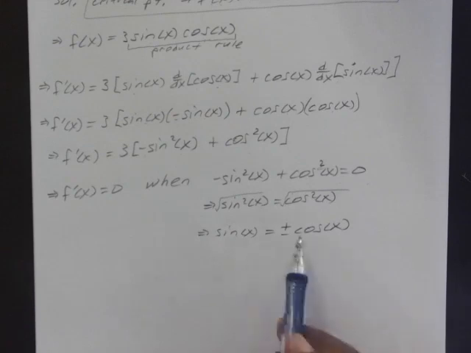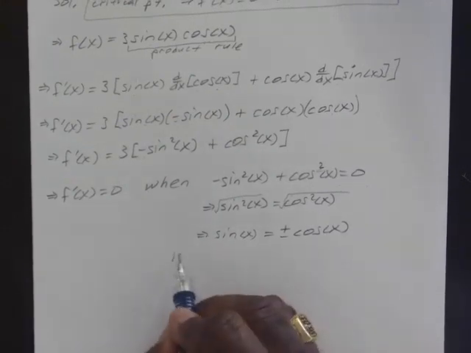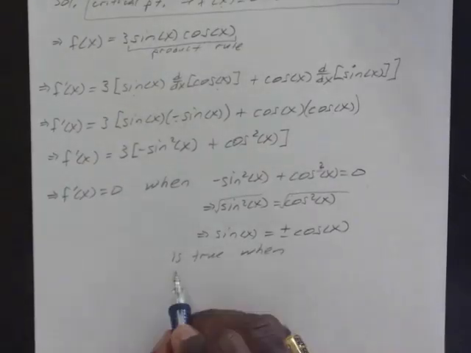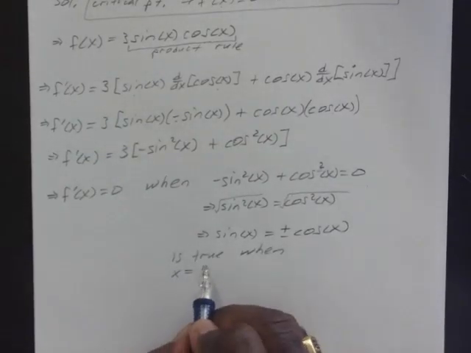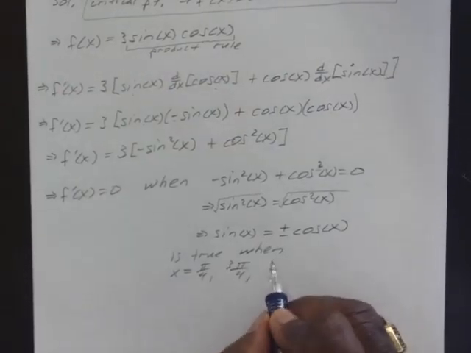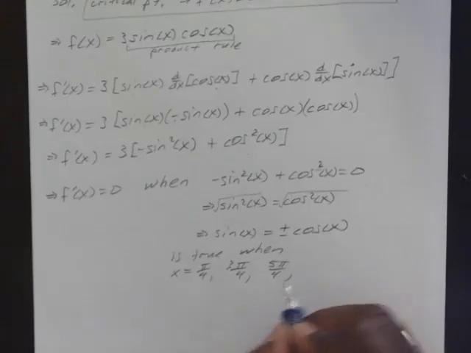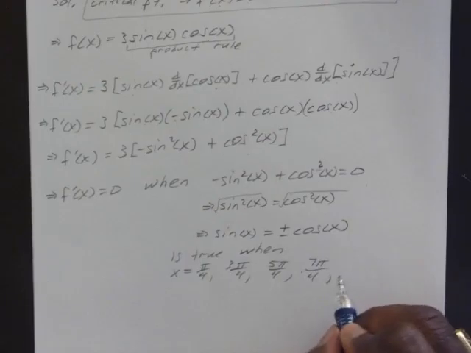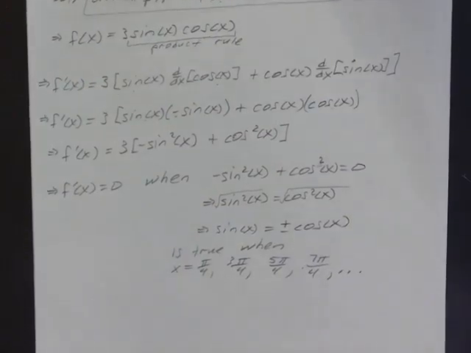Now, this is only true when x is equal to pi over 4, 3 pi over 4, 5 pi over 4, 7 pi over 4. You kind of see the pattern here, and it keeps on going.